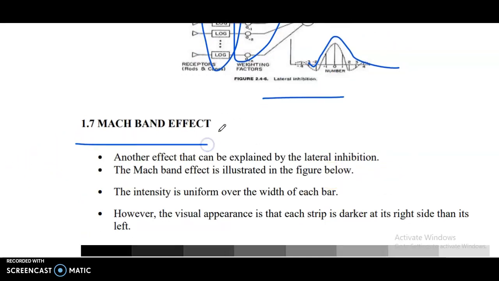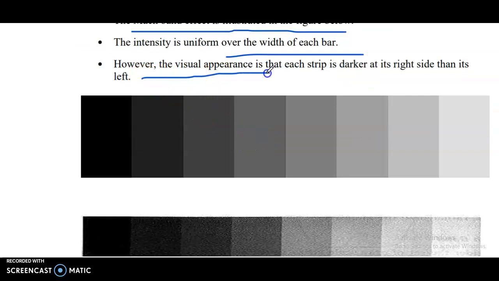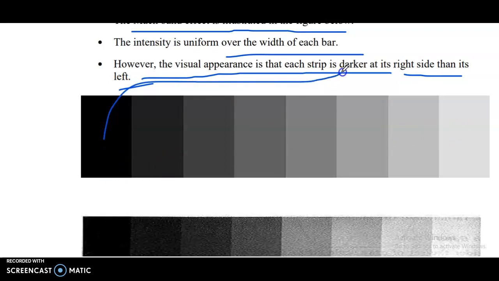Mach band effect: another effect that can be explained by lateral inhibition. The Mach band effect is illustrated in the figure below. The intensity is uniform over the width of each bar. However, the visual appearance is that each strip is darker at its right side than its left.